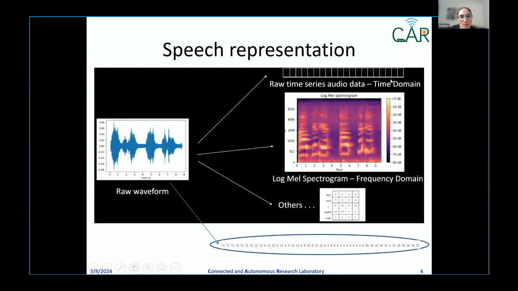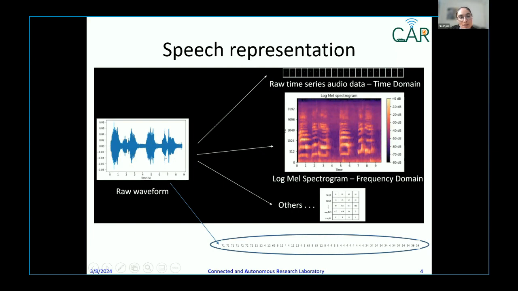Before we dive deeper, here is an example of representation of speech. This is not just for speech, but any audio signal can be represented either as a raw waveform or a spectrogram. We have a raw waveform, which is usually high dimensional. Then we sample this raw waveform by some sampling rate, let's say 16 kilohertz or 48, depending upon the problem we're solving.